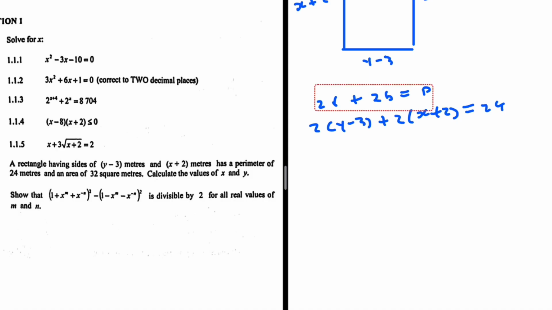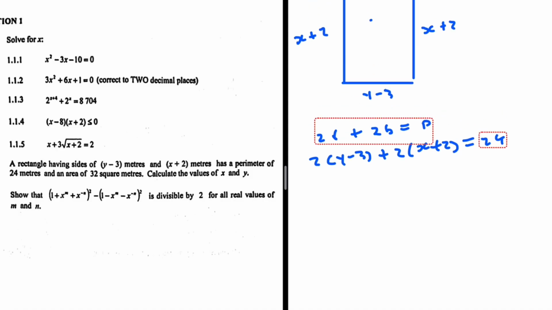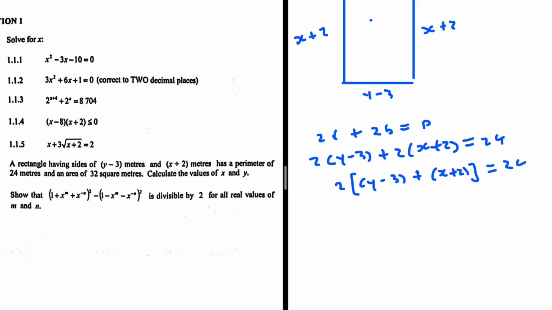I don't want to say the genius thing to do, but the easy way out here is to take 2 as a common factor, of which you're going to have 2 times y minus 3 plus x plus 2 being equal to 24.